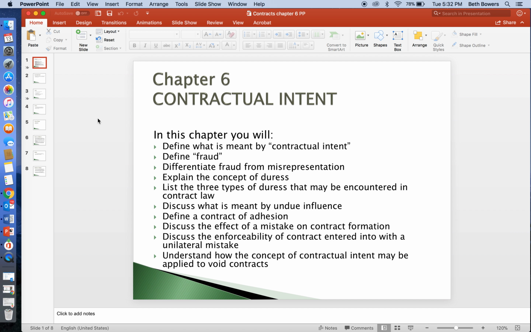We'll define a contract of adhesion and discuss the effects of a mistake on contract formation. And even within that category, there are 2 subsets: mutual mistake and unilateral mistake. So we'll talk about all of these concepts and how they relate to contractual intent, and how a lack of intent may be used to seek to avoid a contract.